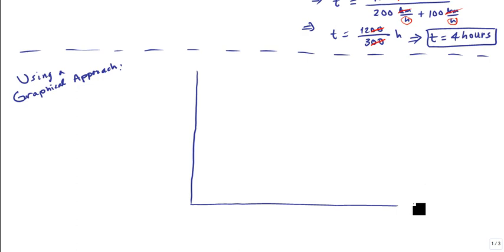I'm going to make this axis the time axis. This is in hours. And this will be the position axis in kilometers.